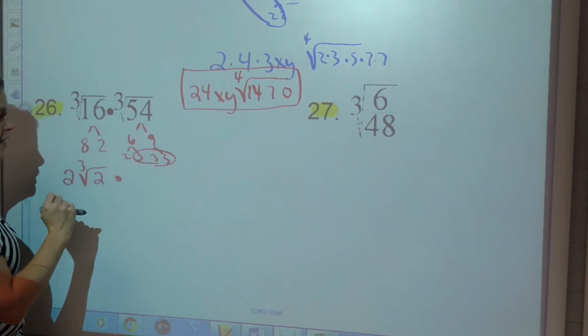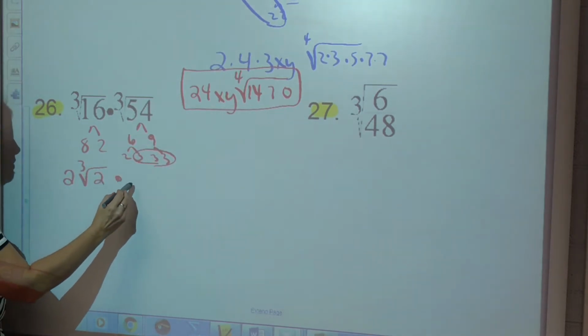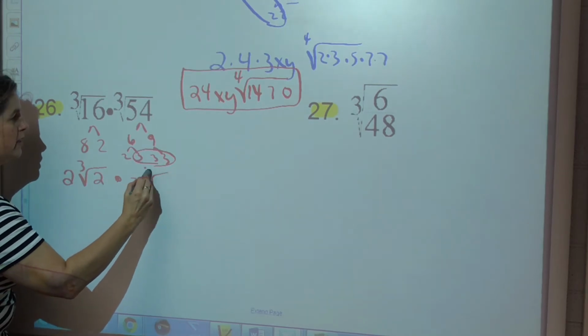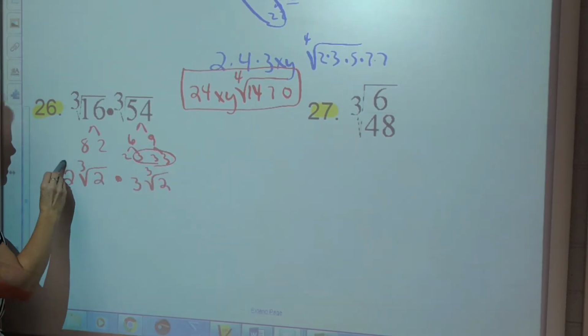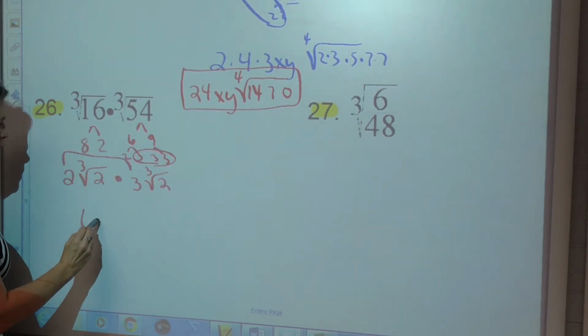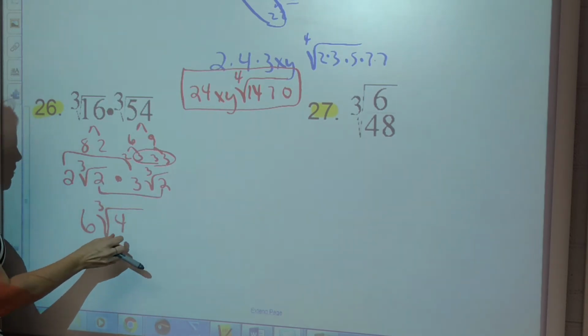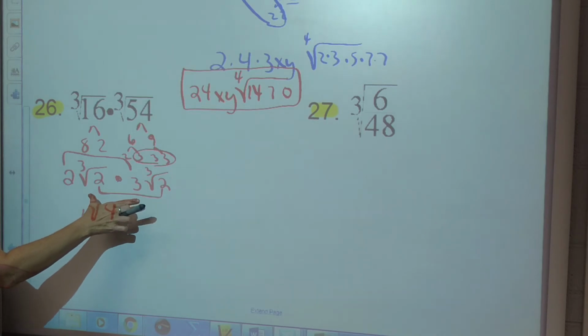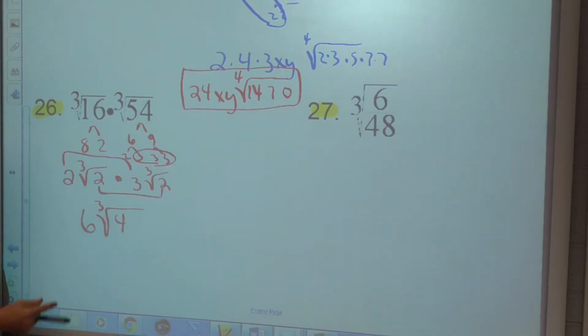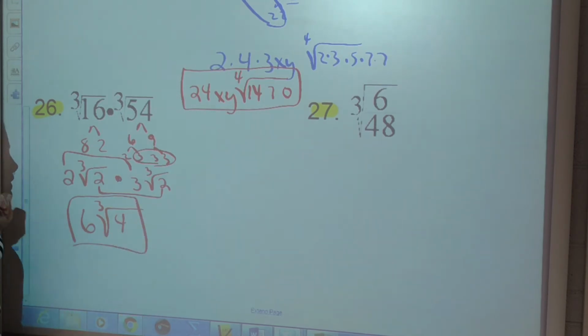You might have factored that differently and got a 27, so that'll be 3 cube root of 2. Again, outside pieces multiply, cube root, and inside pieces multiply. 4, of course, would factor to be 2 and 2, but that's only 2 2's, not 3, because we have an index of 3. So there's your answer.